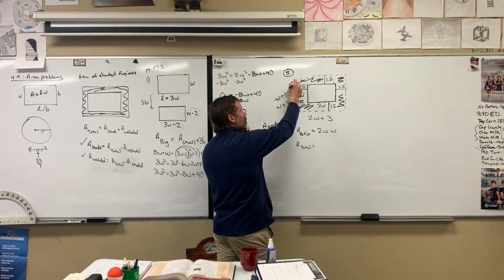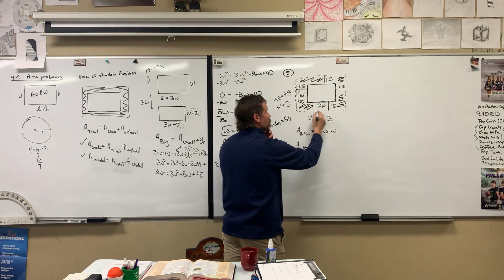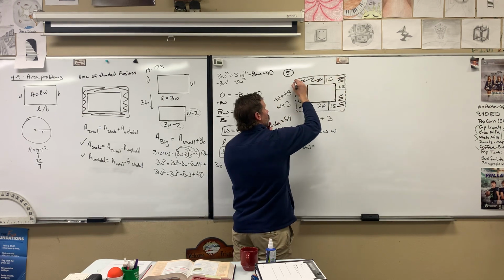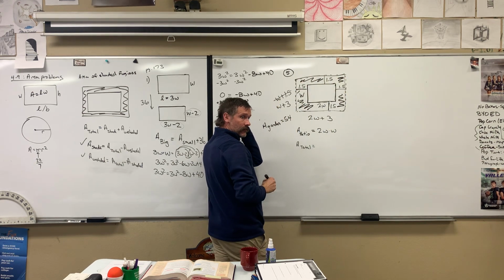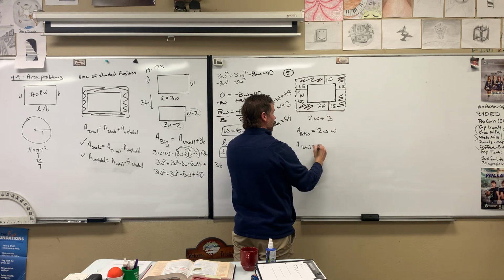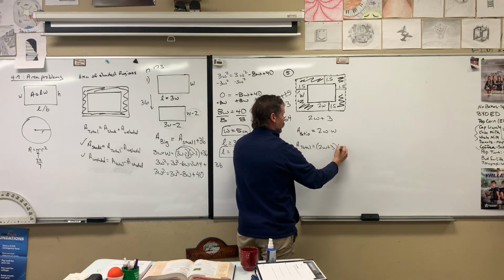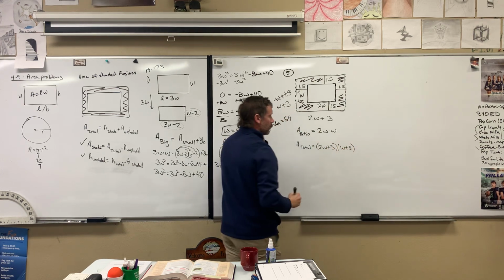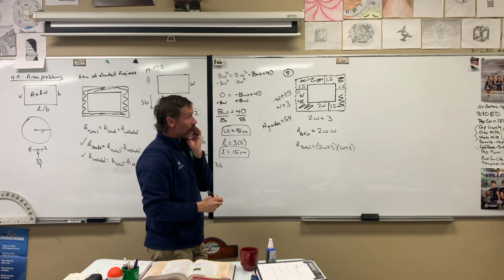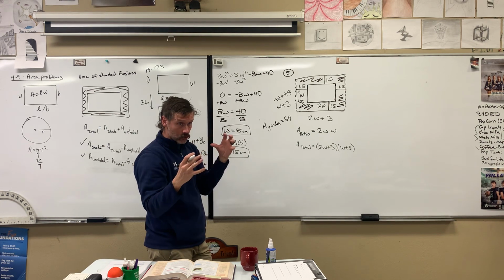But what would it be in terms of its dimensions, length times width? So what's our length here? 2W plus 3 times W plus 3. Now, you're right, and we'll put that into our total equation.